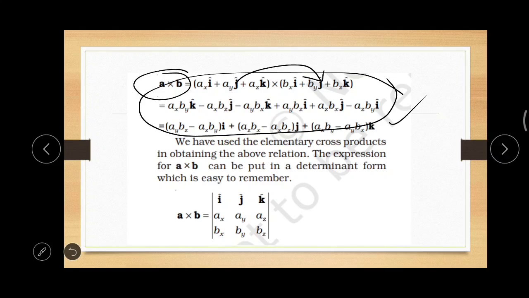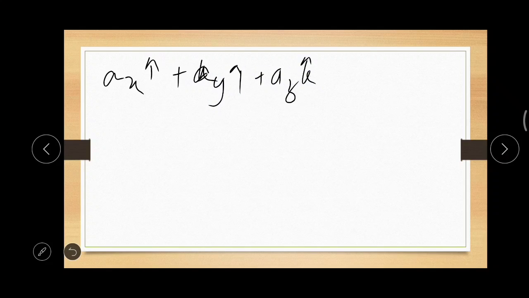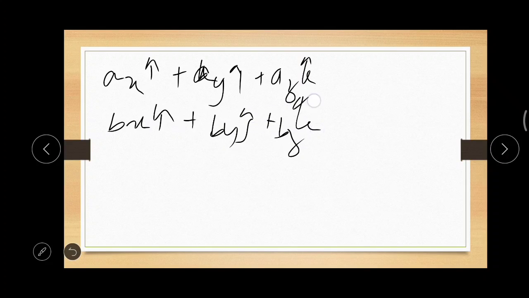Okay. And easily you can solve this with the help of the determinant. How to do the determinant? You have A as Ax i cap plus Ay j cap plus Az k cap, and B as Bx i cap plus By j cap plus Bz k cap. For solving this, we can use A cross B equal to the determinant of, on the first row, i, j and k.